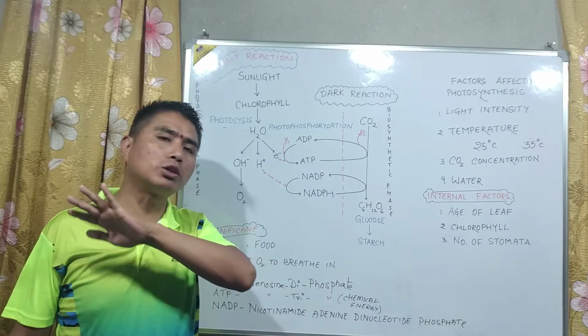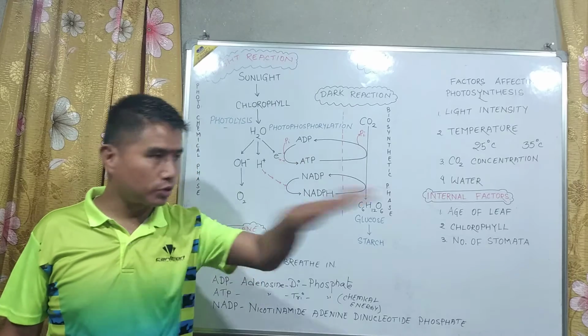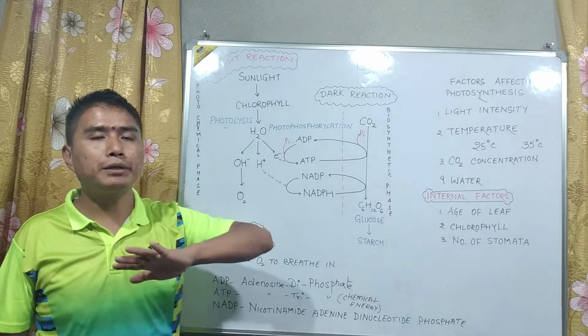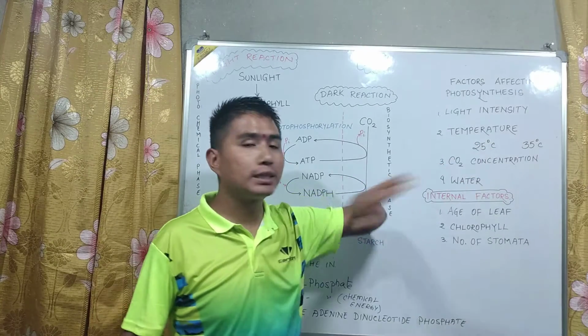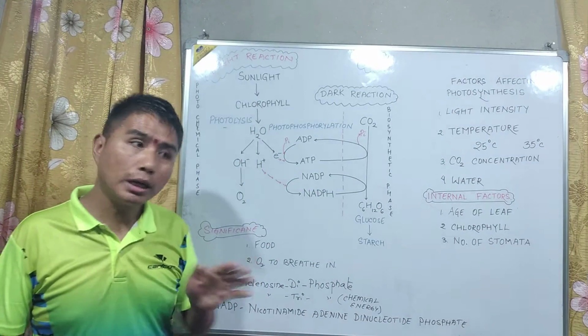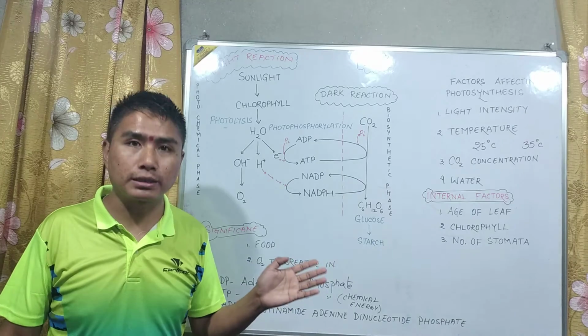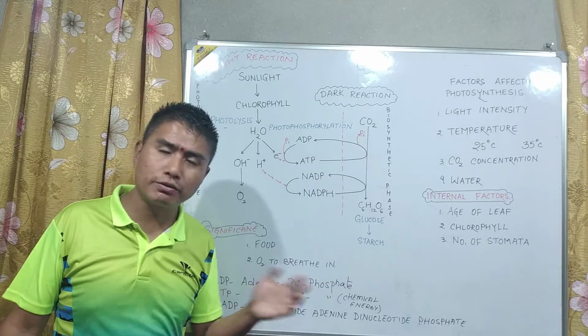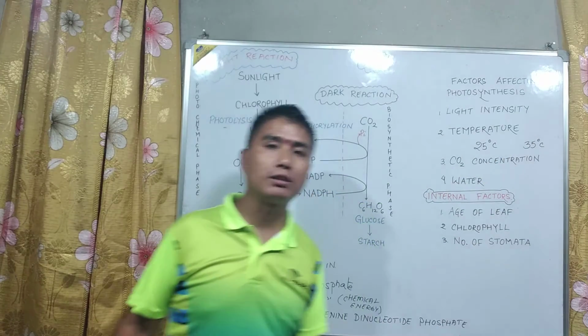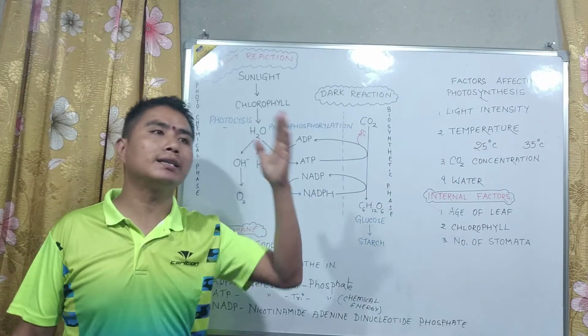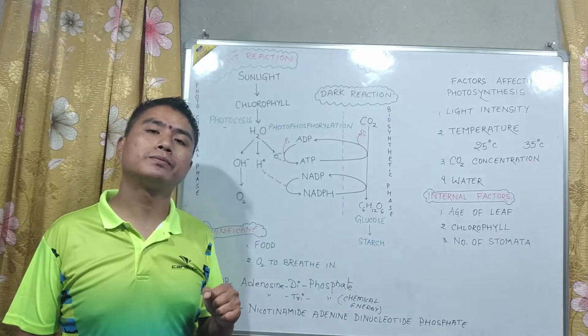Suppose we are talking about tropical belt plants. They are happy to have photosynthesis at a maximum rate at 25 degrees Celsius. But when we go to xerophytic plants, in arid regions, very hot places, they can photosynthesize even at 35 degrees Celsius, because higher than that, photosynthesis normally stops.